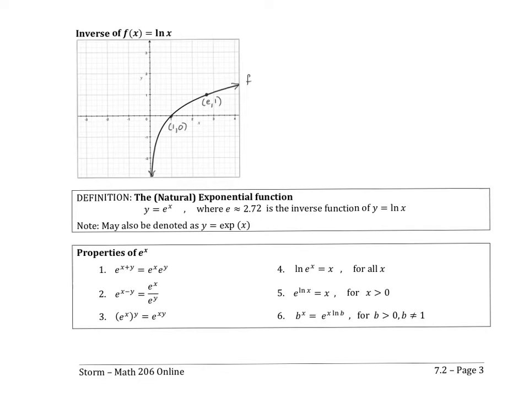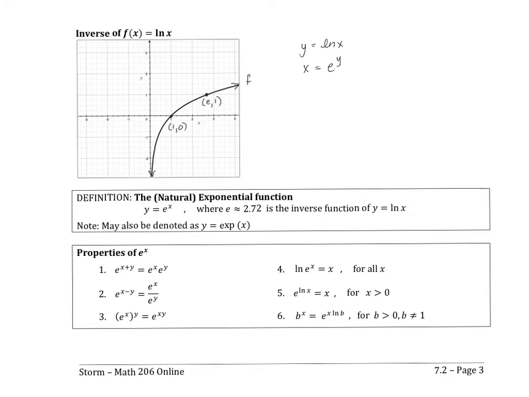So if I was going to find the inverse function for the natural log, which you should notice from the graph is a one-to-one function, I would replace f of x with y. I don't want to exchange the x's and the y's yet, because the goal is to solve for x first. Unfortunately, x is in the argument of natural log, so in order to solve for x, what I need to do is switch this to its exponential form.